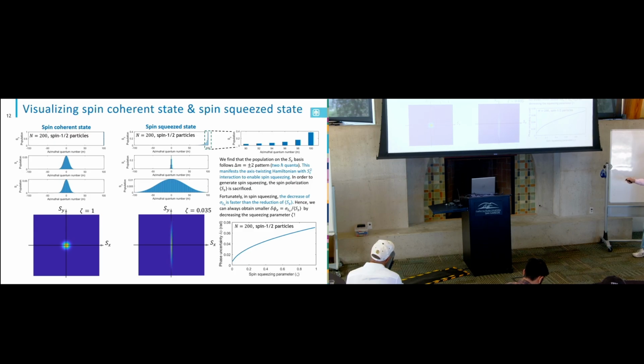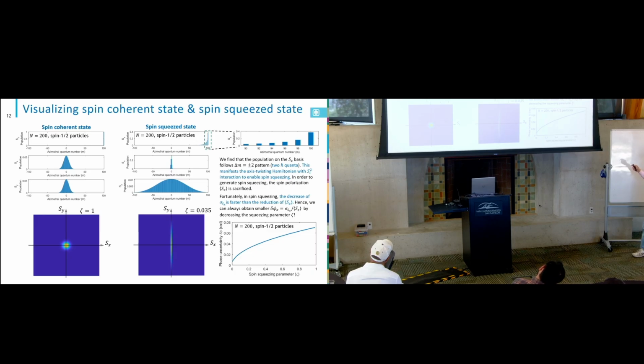If you look at these two panels, for the spin coherent state we have 100% polarization, so all the spin particles are pointing to positive z. For the squeezed state, we actually have to sacrifice the purity of the spin projection along z. And not just that, it actually occupies every other angular momentum quantum number. The maximum is 100, and then 99 is missing, and 98, and then 97 is missing.